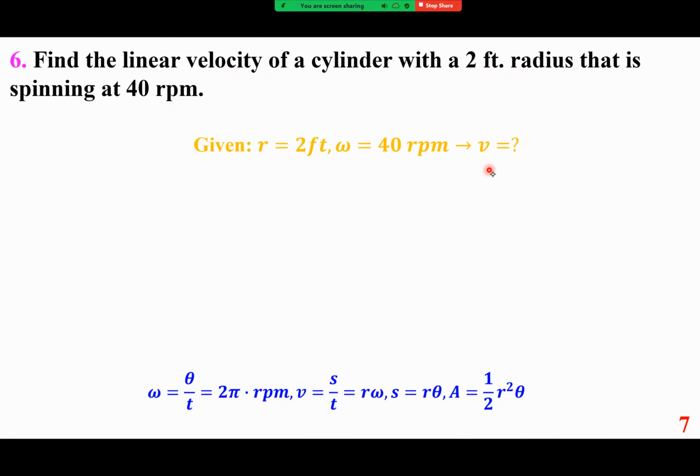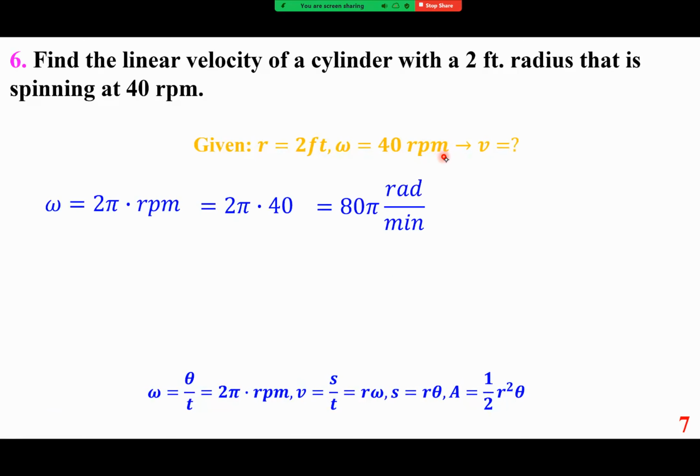So first and foremost, omega means 40 times. Remember, the moment you see R, revolution, a complete revolution means 2 pi. And of course, proper units. In this case, 2 pi times 40. When you do the math, it gives you 80 pi radians per minute.